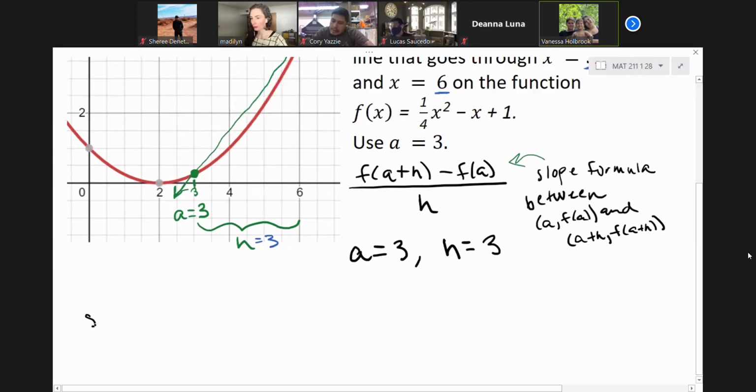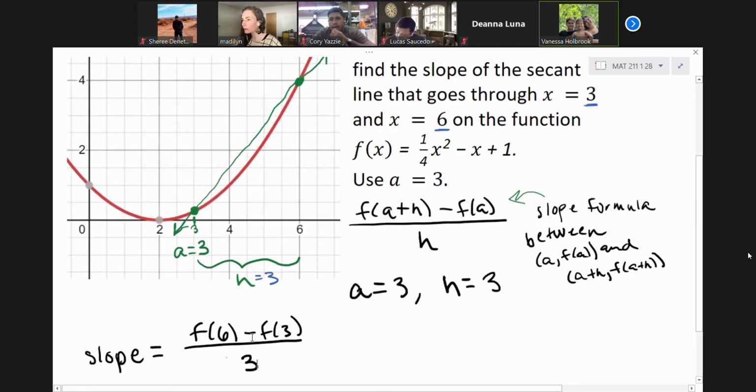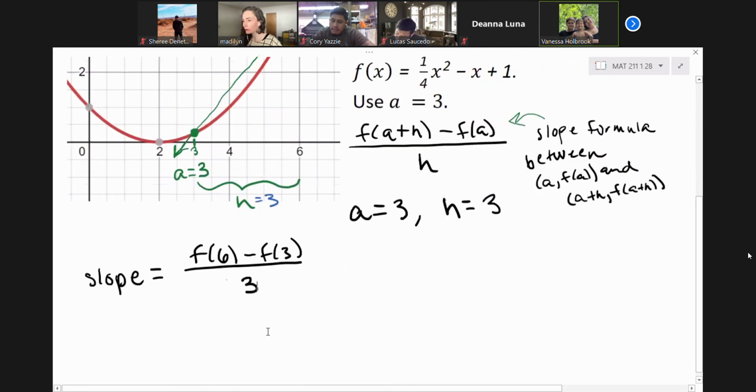Equals 1. What equals 1? The slope? Let's find out. I don't think it's quite 1. 3 over 3?